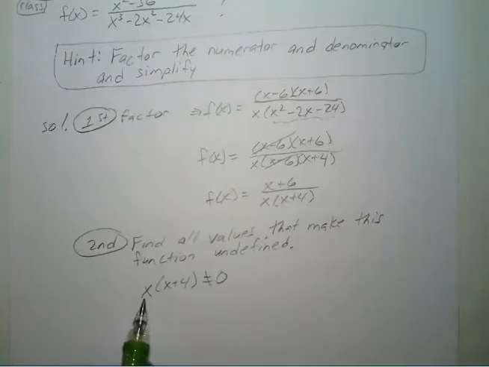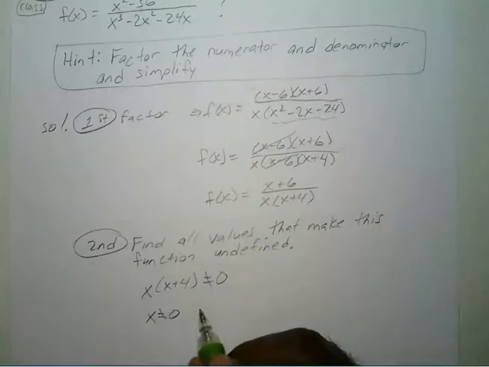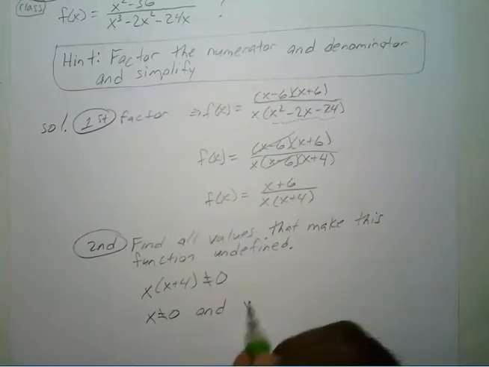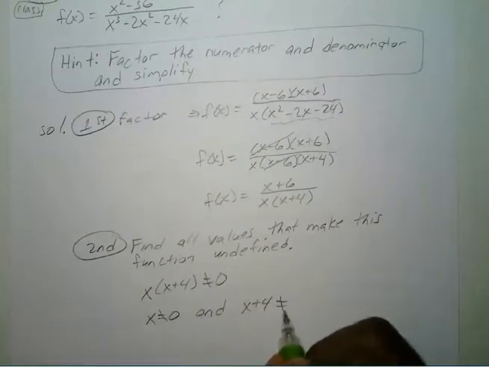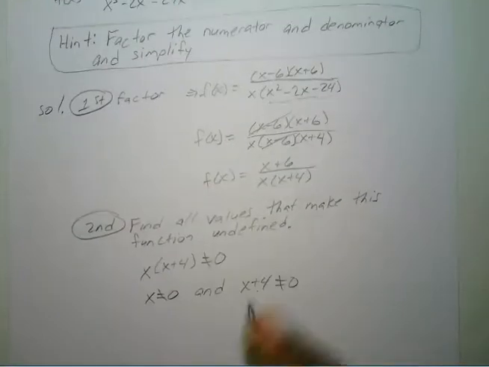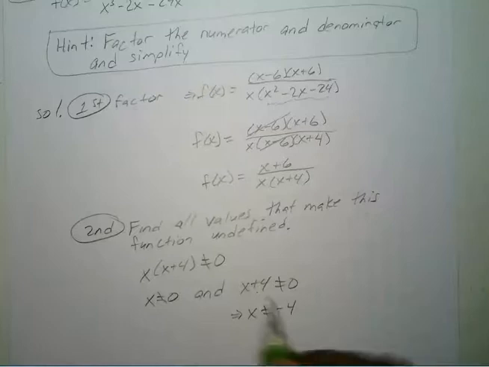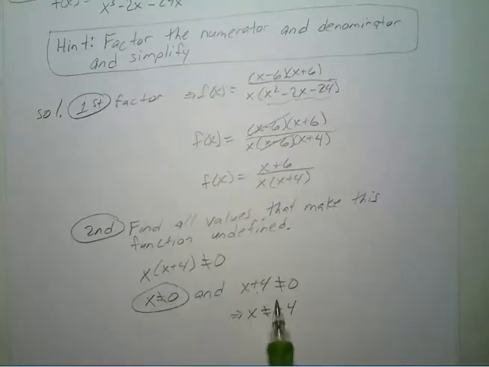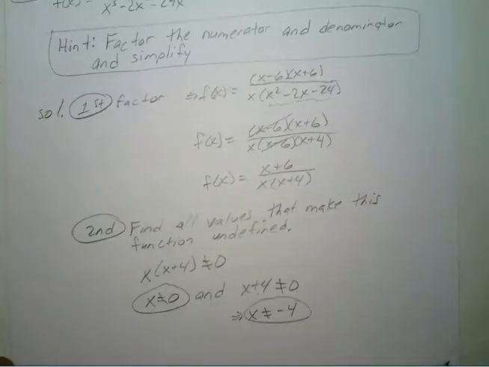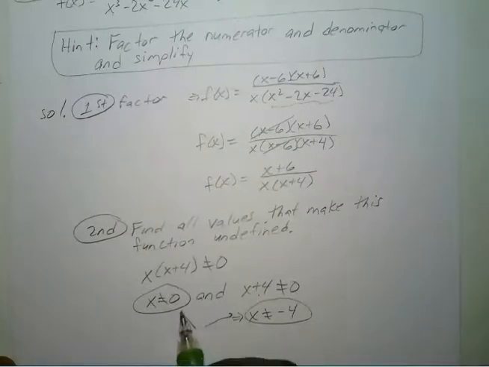Okay, so that means that x can't equal 0, and x plus 4 can't equal 0. Okay, so if we subtract 4 from both sides, we see that x cannot equal negative 4. Okay, so these are your vertical asymptotes.